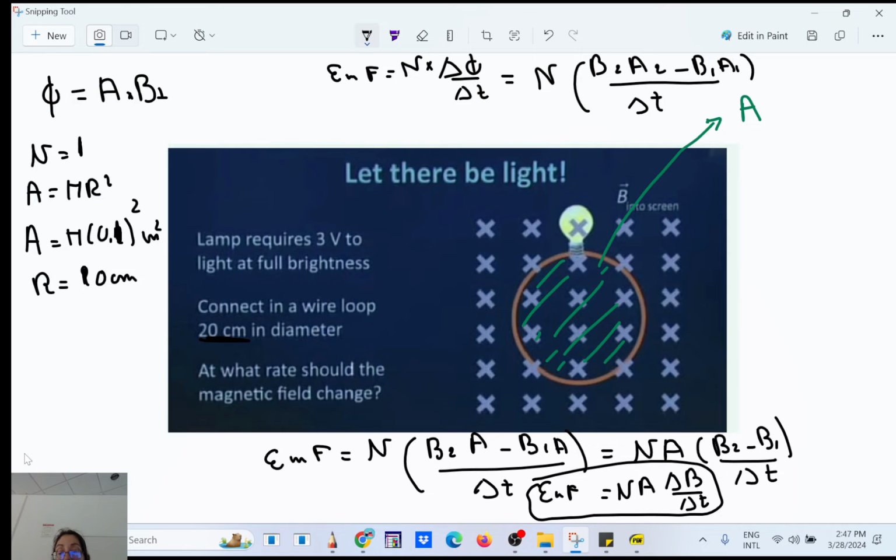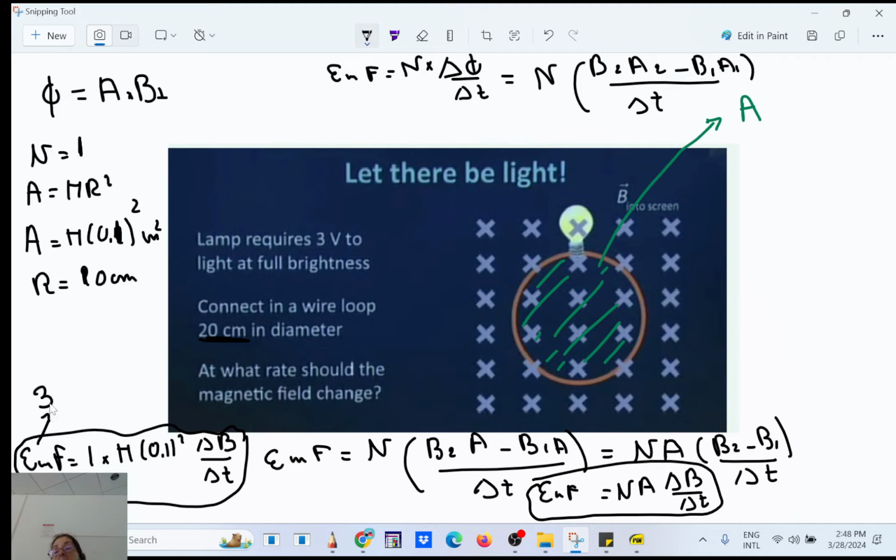Are you doing it? Don't space out. So EMF will be equal to number of loops 1 times the area, pi times 0.1 squared, times the rate. And the EMF, it's given, it's 3, because you want to induce 3 volts so you can turn on your light bulb.